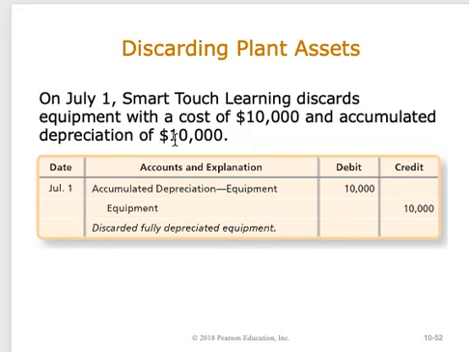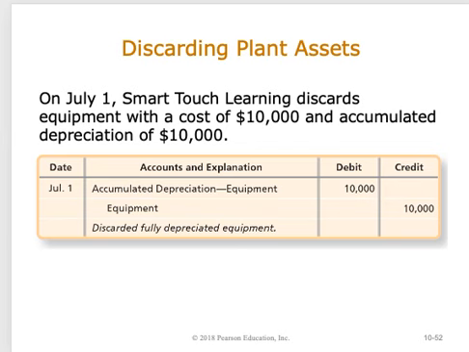So all you would do here if you discard a fully depreciated piece of equipment is you would debit accumulated depreciation to take that off your books. It has a normal credit balance, so you would debit that to zero that out, and you would credit your equipment account for the cost of that particular piece of equipment, $10,000, and it wipes it out. So everything is zeroed out because you have discarded a fully depreciated piece of equipment.